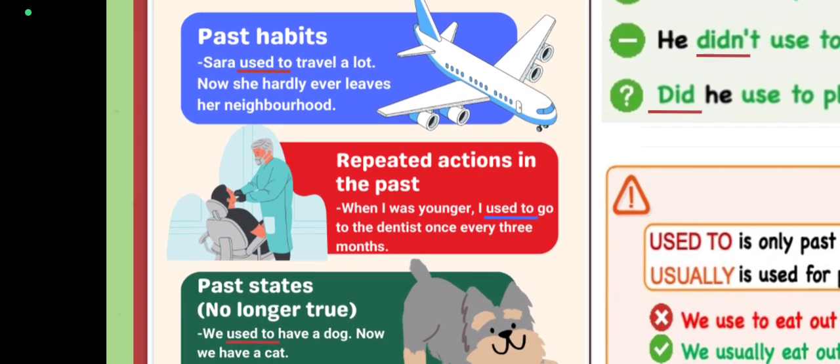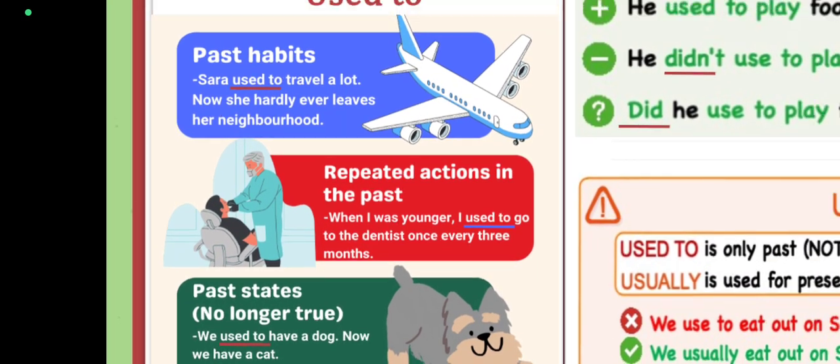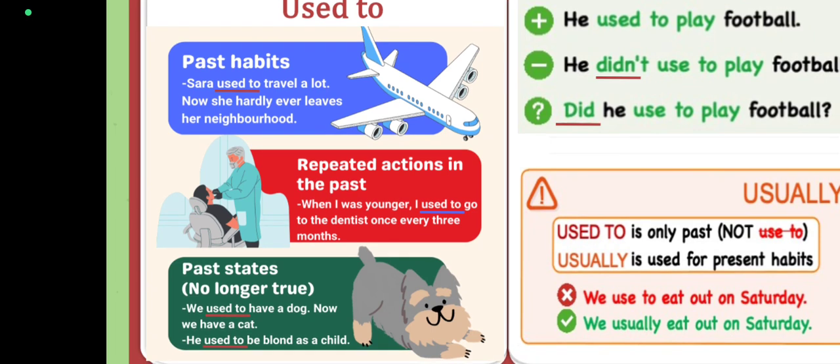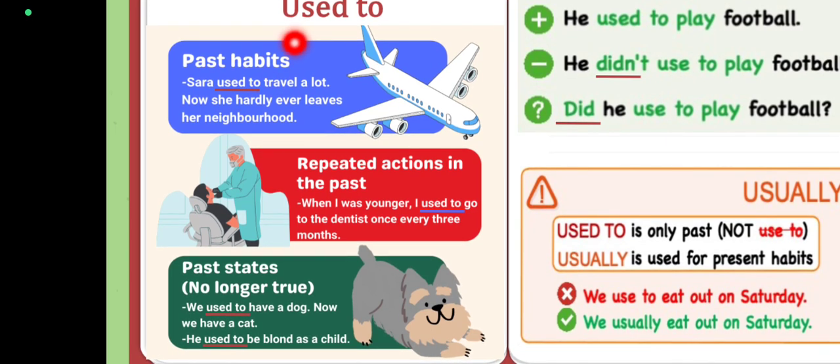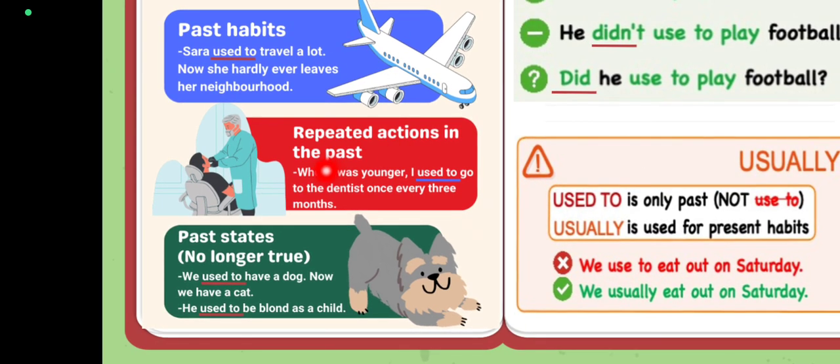Okay, students, so here we have the 3 applications. Thank you. We use used to to talk about past habits and repeated actions in the past. So we use this verbal tense to talk about something in the past, or a past state, something that is no longer true.